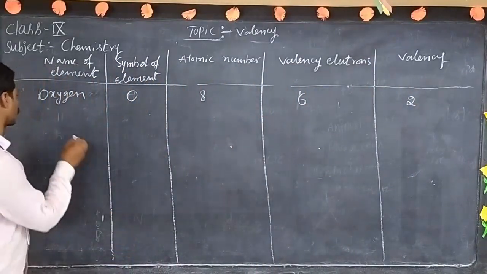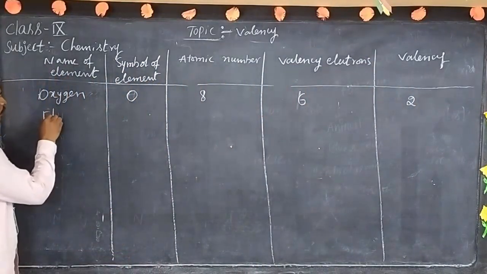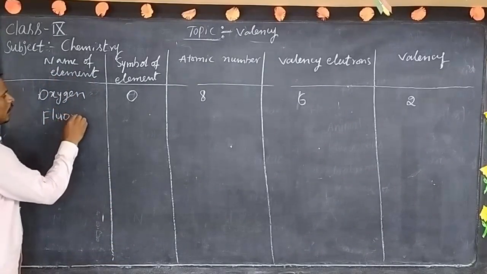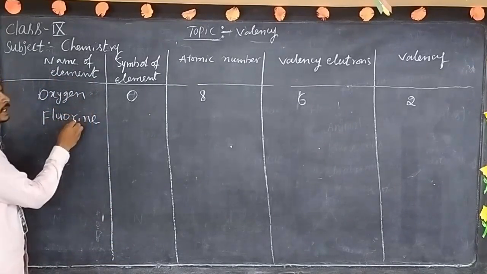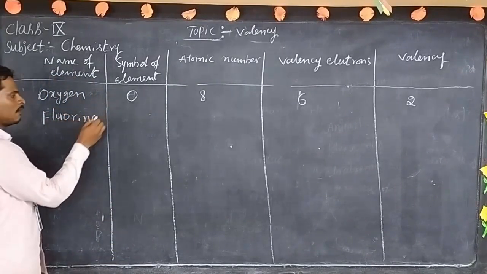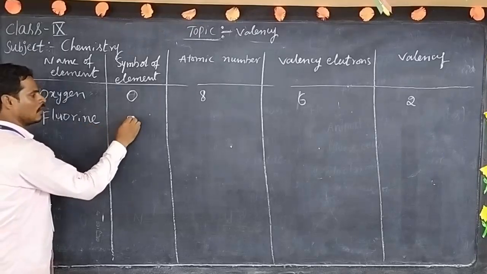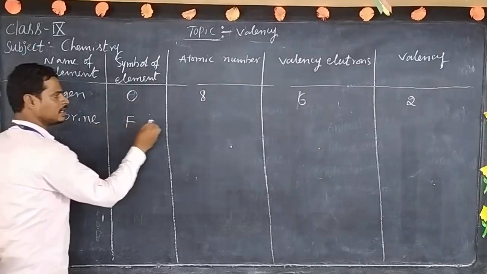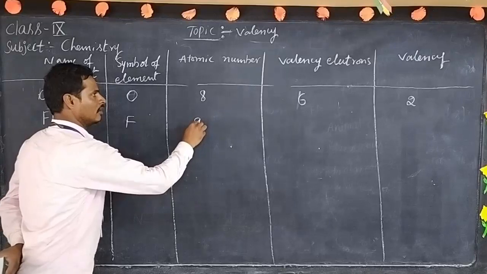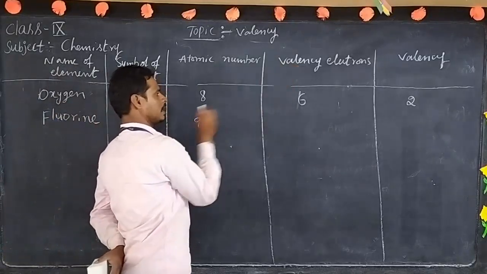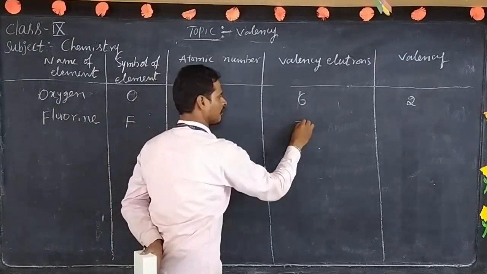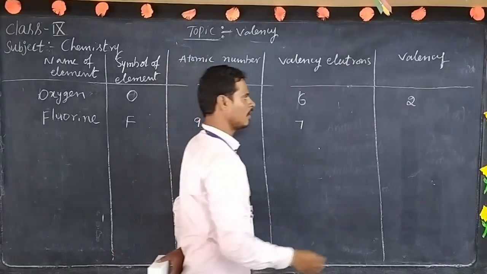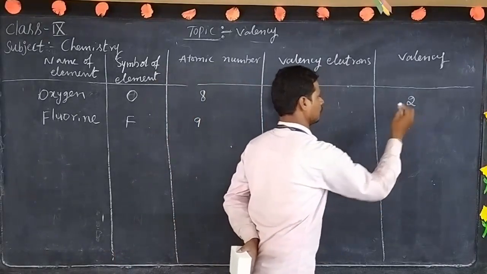Next, fluorine. Symbol of fluorine is F. Atomic number of fluorine is 9. Valence electrons present in fluorine is 7. Valency of fluorine is 1.